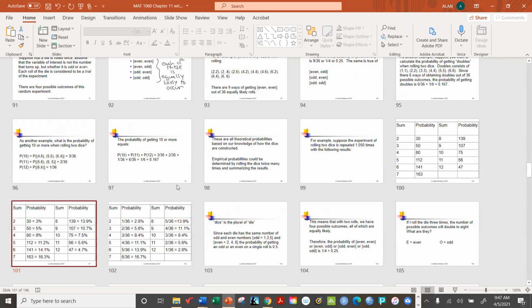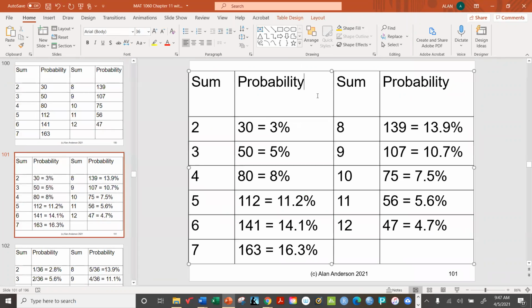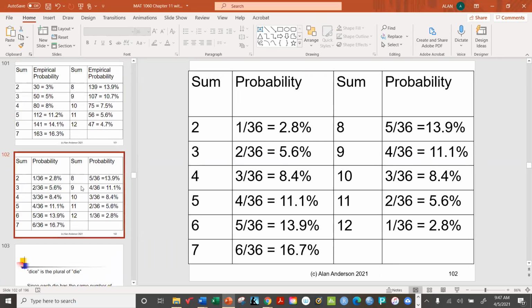These are the empirical probabilities. And these are the actual probabilities, or theoretical.